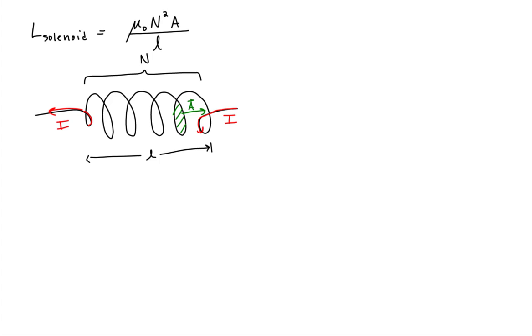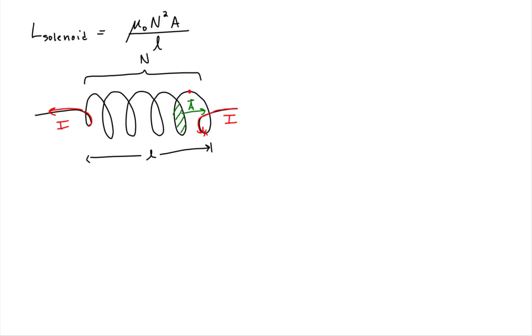To help us with the orientation of this current, let's indicate using a series of X's or dots, where X's indicate that the current is going away from us, and a dot indicates that the current is coming towards us.